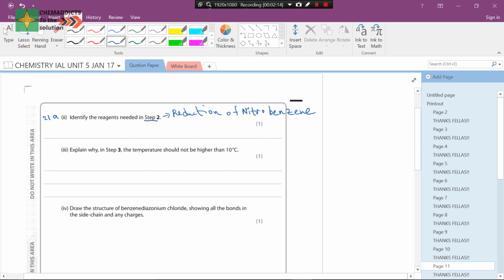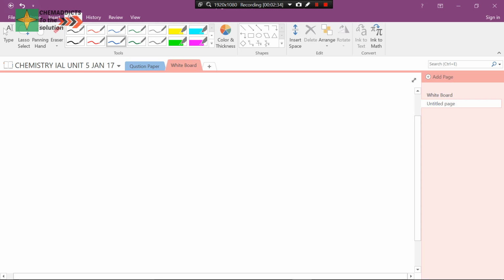Identify the reagents needed in step 2, reduction of nitrobenzene. So now let's talk about the reduction of nitrobenzene.